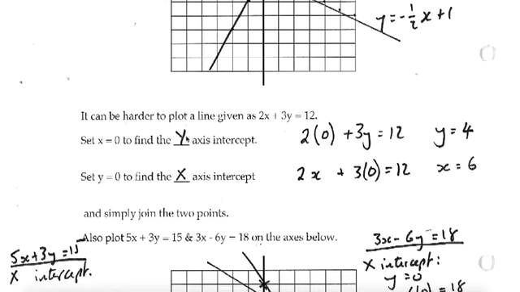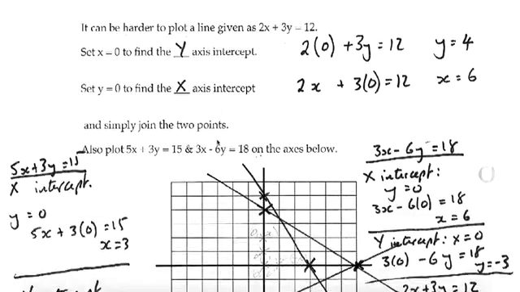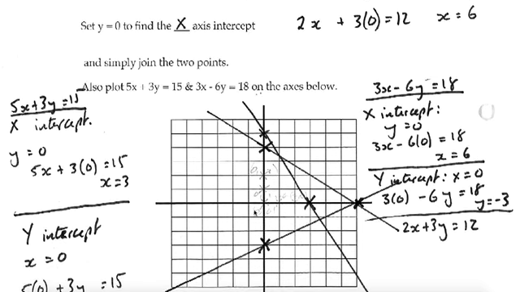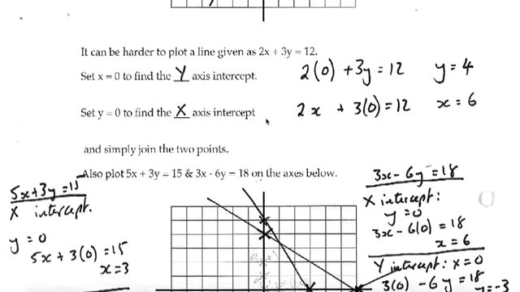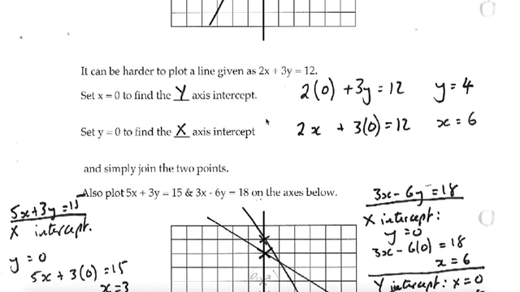So if we start by thinking about the y-axis intercept, anywhere on the y-axis, you can see here these points on the y-axis, 0, 0, 0, 1, 0, 2, and so on. Anywhere that's on the y-axis is going to have an x value of 0, no matter what the y value is. So if I want to find out where it crosses the y-axis, I can put x is 0 into the equation.